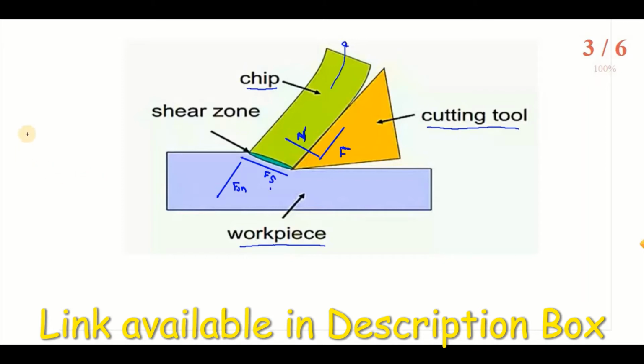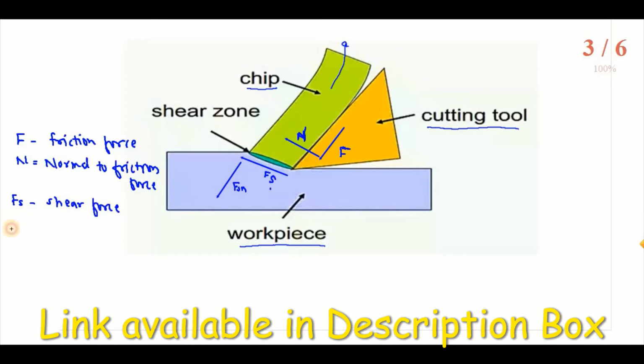So here we have four forces. F is the friction force, N is the normal to the friction force, then Fs is the shear force, and Fsn is the normal to the shear force.